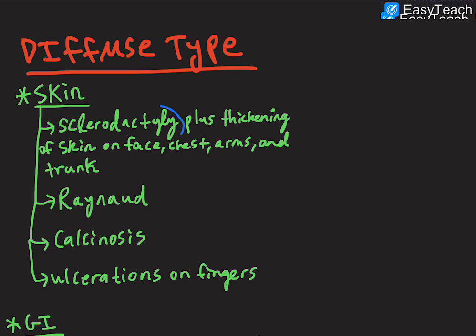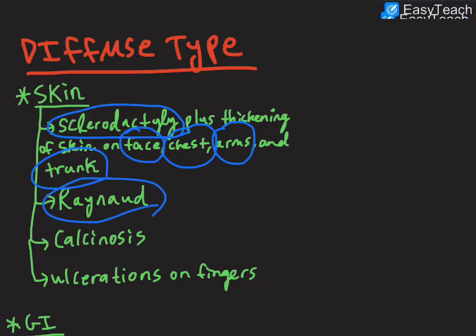You can see sclerodactyly again, which is the tightening and fibrosis of the dermis of your fingers, leading to a claw-like appearance. But you can also see thickening and tightening of your skin in other areas, like the skin on your face, chest, trunk, and arms. Okay. And we talked about Raynaud's phenomenon already, and you can see that in the diffuse type.